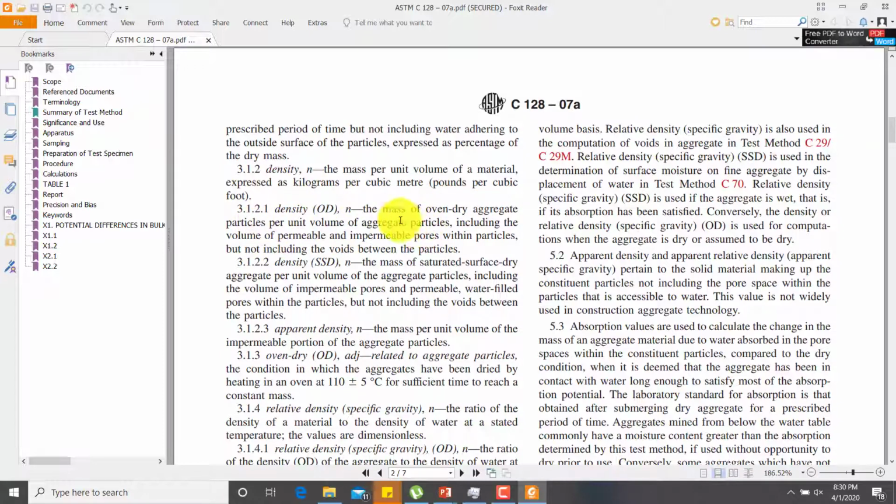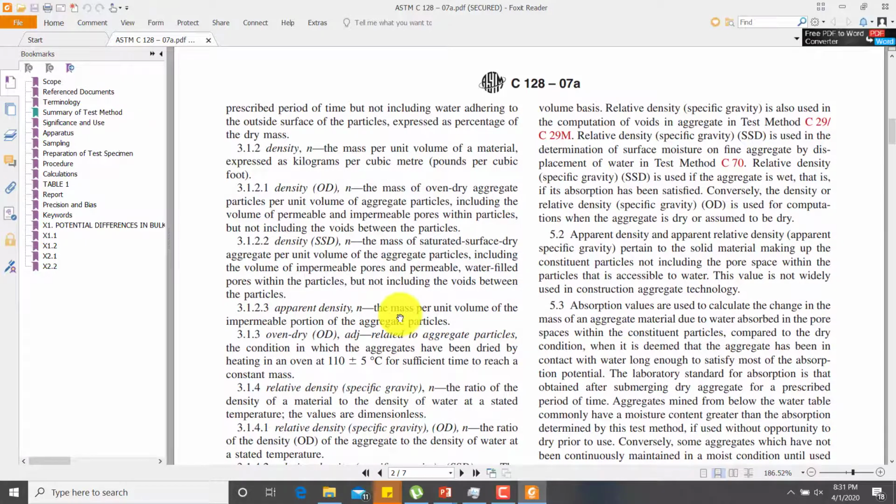Obviously, everybody knows about it. Being an engineering student, you must know it. SSD, I have already mentioned, is the saturated surface dry condition in which the pores have an adequate amount of water but the surface is dry. Apparent density is the mass per unit volume of the impermeable portion of the aggregate.